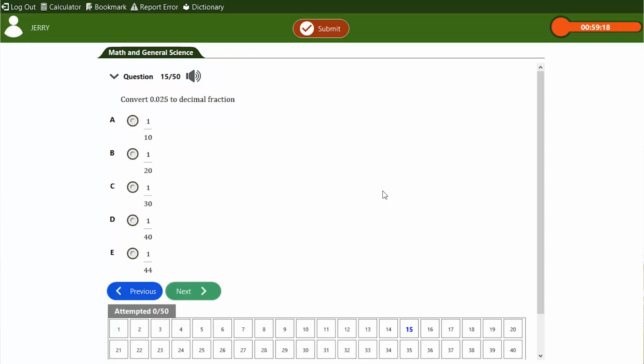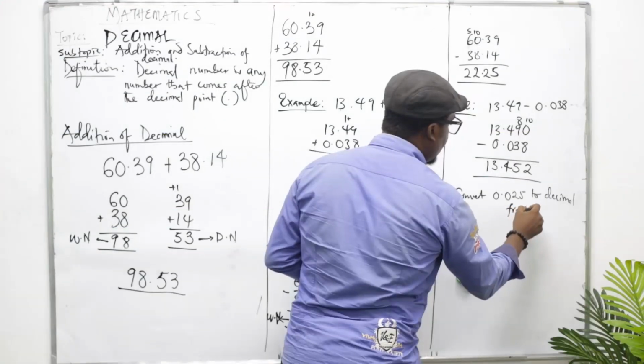If you can move a mathematical problem from decimal points to fraction, you've corrected the way or the work for decimal fraction. Now, they asked us the question, convert 0.025 to decimal fraction. This is what we'll start from next time.